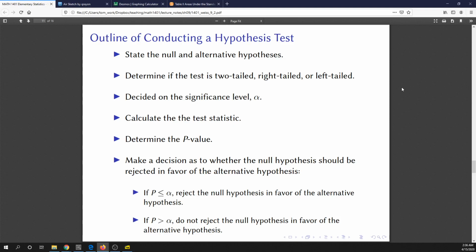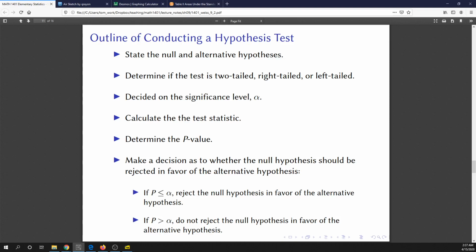Okay, so just revising our outline of conducting the hypothesis test with our new information, these are the steps that we're going to run through. We state the null and alternative hypotheses and determine if the test is two-tailed, right-tailed, or left-tailed. Remember, that is stuff we talked about in section 9.1, not in this video. Once we do that, we decide on the level of significance, alpha, which for us is just going to be given to us. If you're doing your own research, then you would decide.